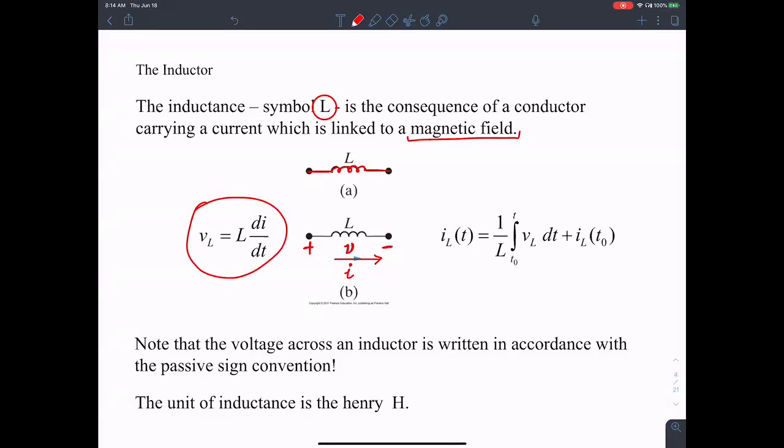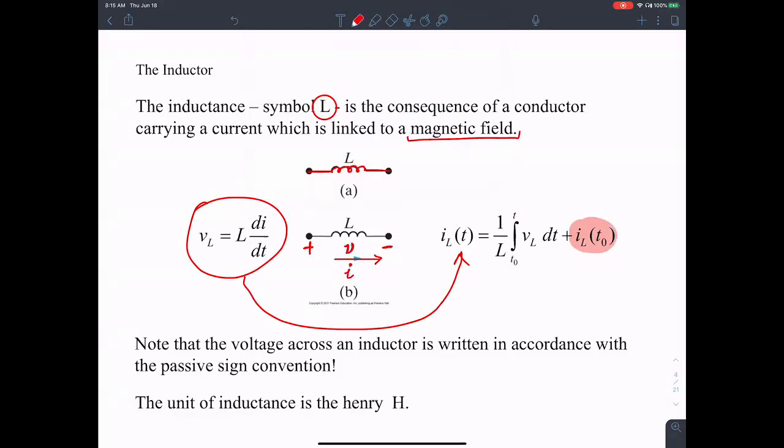Once you remember this, if you wanted an expression for the current in an inductance, it is 1 over L, integral from t naught to t, of VL dt, plus the initial condition.